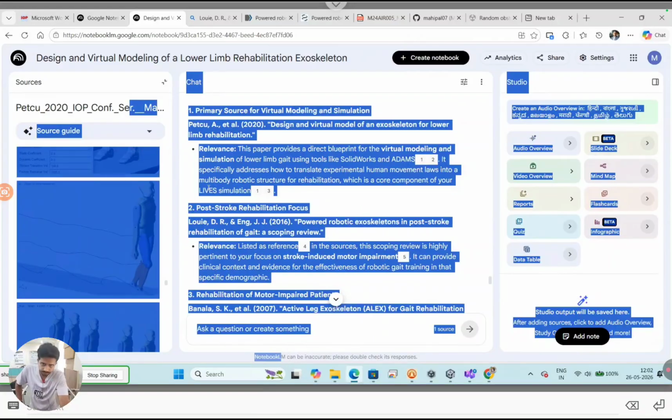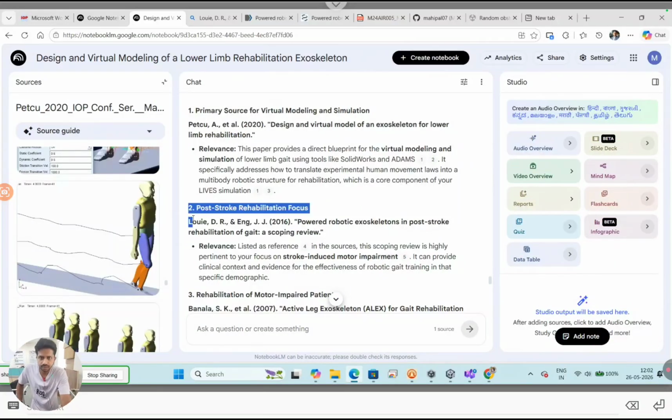Okay, what I will do, I will select this.